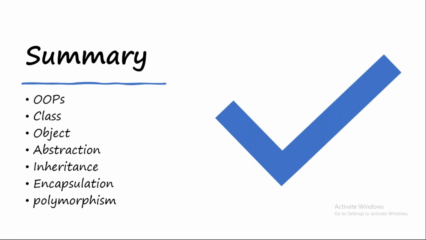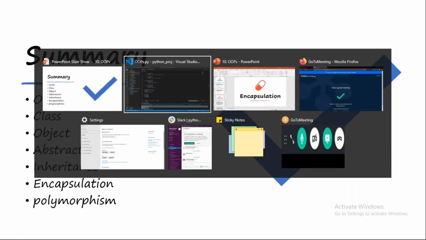So that's it, guys, and we have completed the OOPs concept. So in today's and the last class, we have learned about the concept of OOPs, that is object oriented programming. And then we have seen what is a class and object. We have seen what is abstraction. Abstraction means the generalizing of class, right?